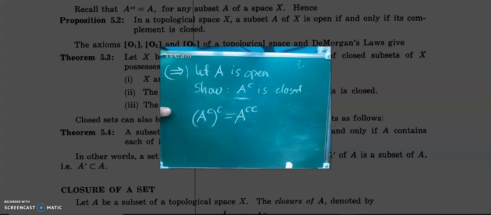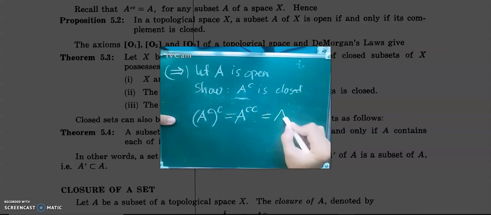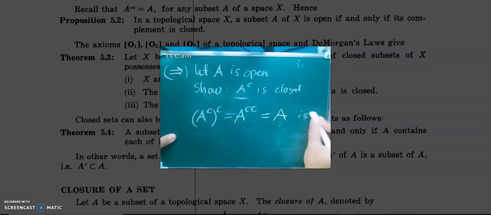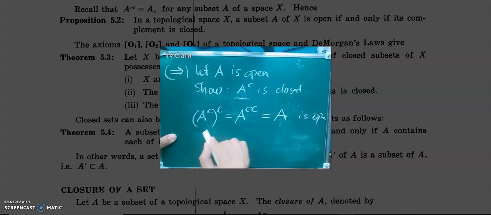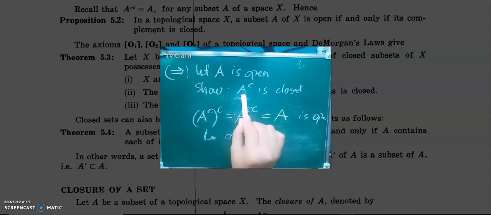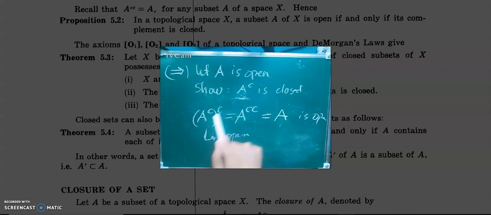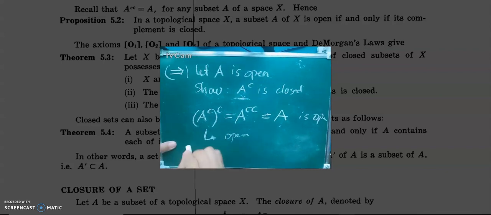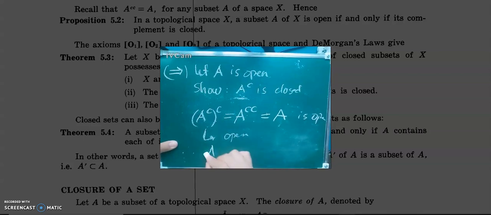And we have a previous statement that states that this is equal to A. Now, notice that A in our assumption is open. Therefore, this is open. So it means that the complement of this set is open, which is this one. Therefore, we can say that the given set is closed.